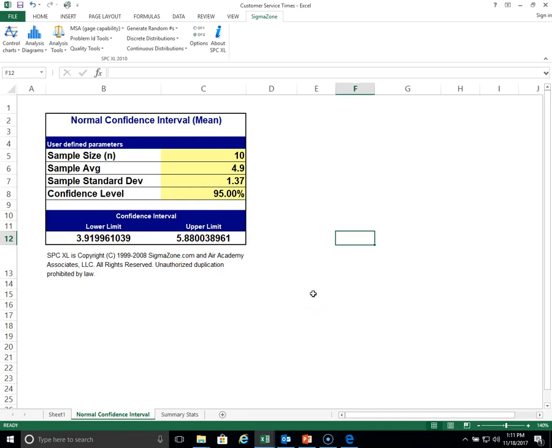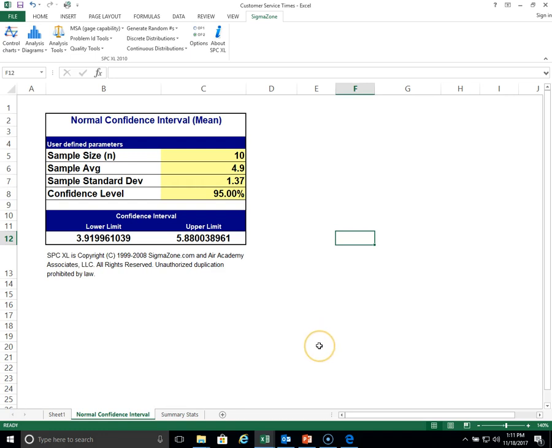That's what we mean. Now, a lot of people misinterpret the confidence interval as thinking, oh, 95% of the data in the population exists between 3.9 and 5.88. That would be an incorrect conclusion about a confidence interval. That is not correct. What we're estimating in a confidence interval, in this case, is a population mean.